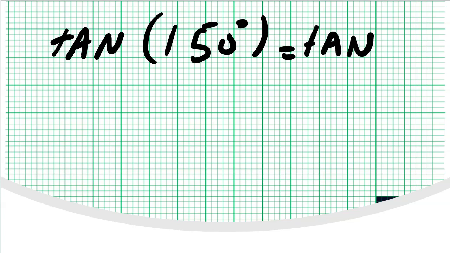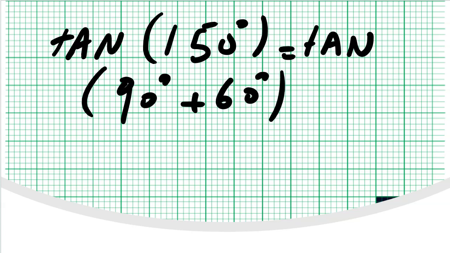You tell me, oh, you just told me if I do tangent of 90 degrees plus 60, I know the tangent of 60, but tangent of 90 is what? Is undefined. So if I go ahead and I use this one and only one identity that I have already memorized, this equals tangent of 90 plus tangent of 60 divided by 1 minus tangent of 90 times tangent of 60.